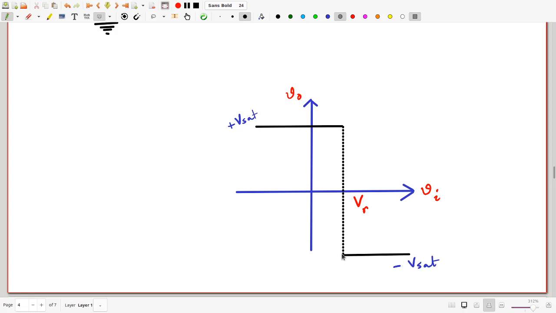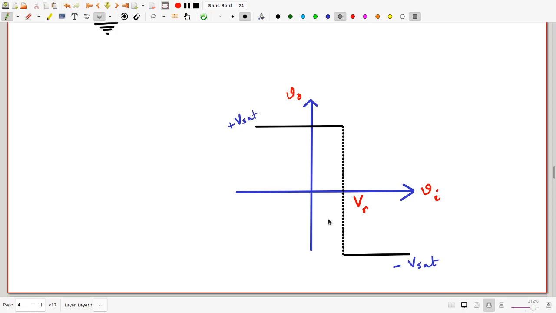This curve has a slope. It's really a continuous curve. It does have a slope, but the slope, which is the gain of the OpAmp, is so close to being infinitely big that we cannot really show that on this scale. So this is how an inverting comparator works.